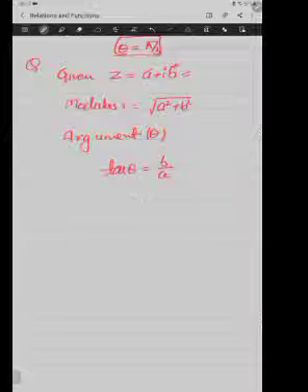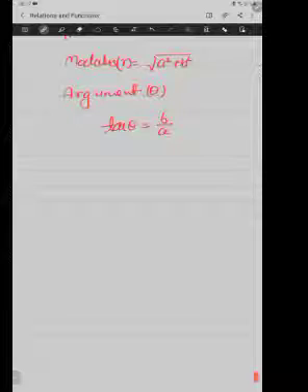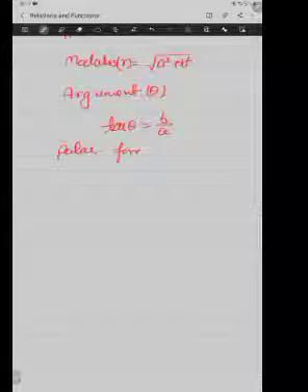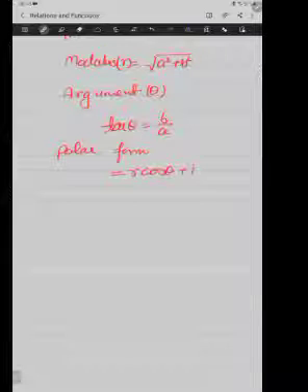Then the polar form. Polar form is r times cos theta plus i sin theta. These are the three things which they might ask us at any time.